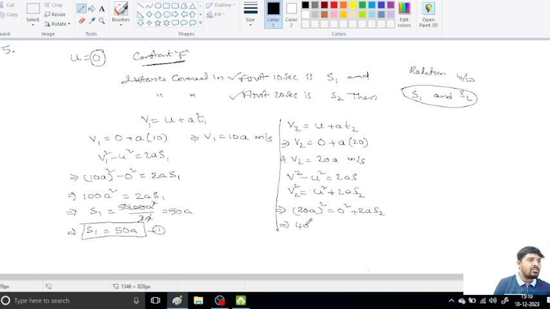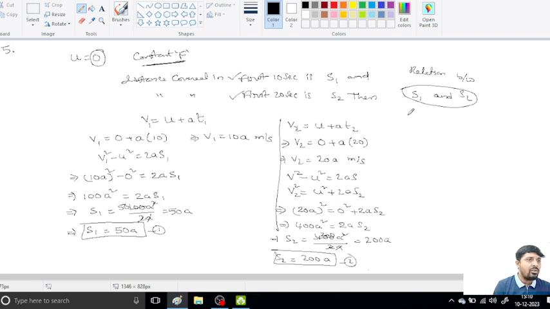So 400a square equals 2a s2, and s2 is equal to 400a square by 2a. The a will be cancelled and here it will be 200. So s2 is equal to 200a. Let it be 2.